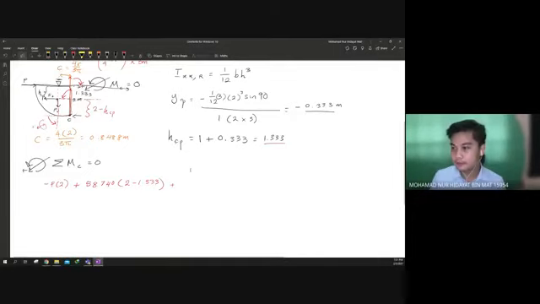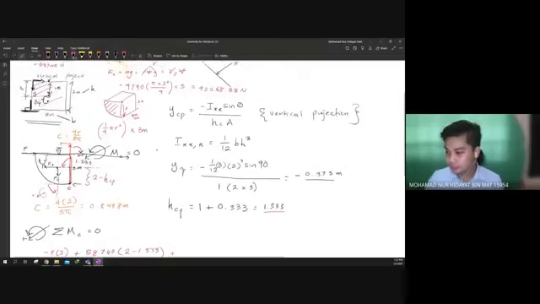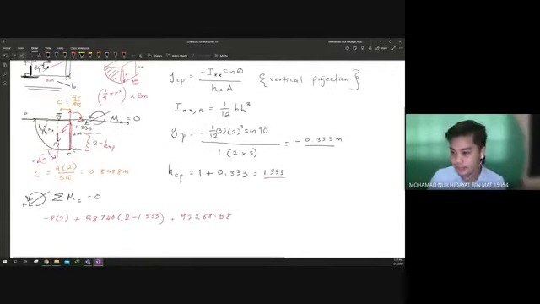So positive FV, the value is 9268.8 multiplied with this length, which is 0.8488, equal to 0.